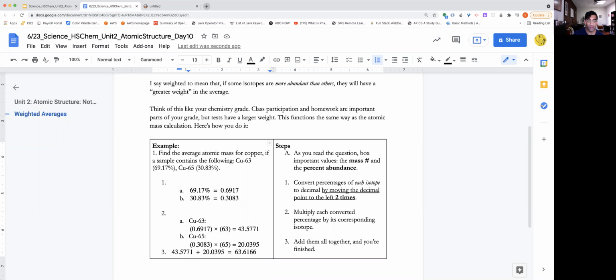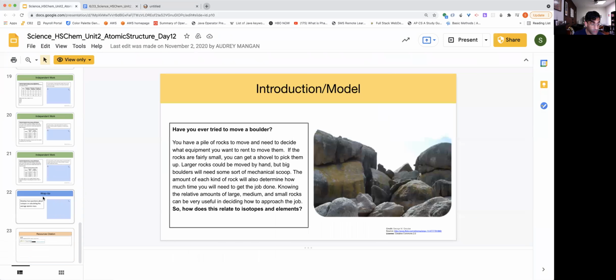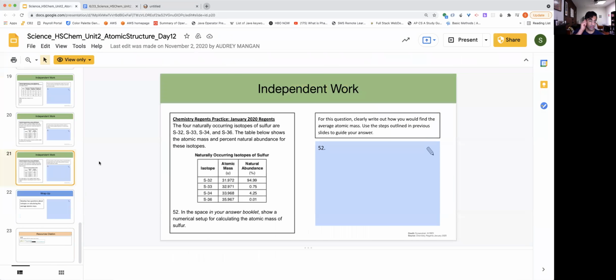So now that we've had a little bit of practice doing this with a model, let's see if we can go through one of the examples in the lesson. So I'm going to scroll all the way down here. And let's think about this question. We have 4 naturally occurring isotopes of sulfur, S32, 33, 34, and 36.